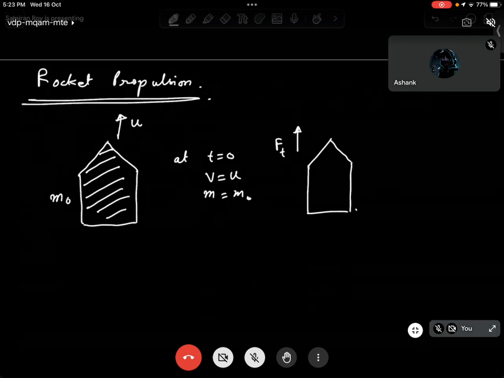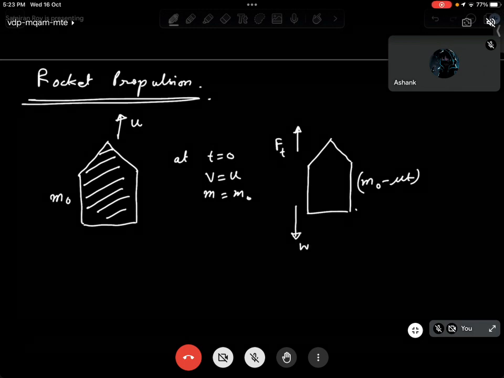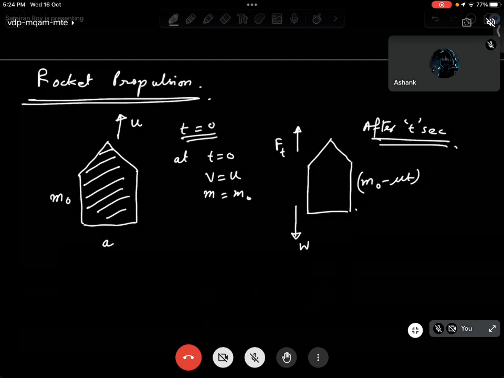Mass becomes m naught minus mu t after t second. And there is a weight of the rocket also, W. This is at t equal to 0, and this is after t second.